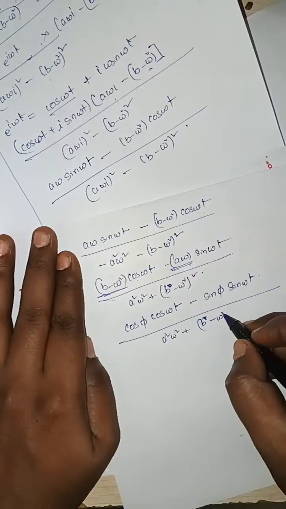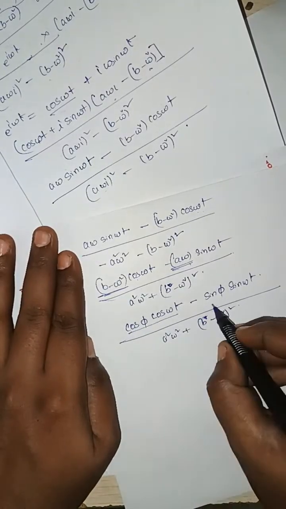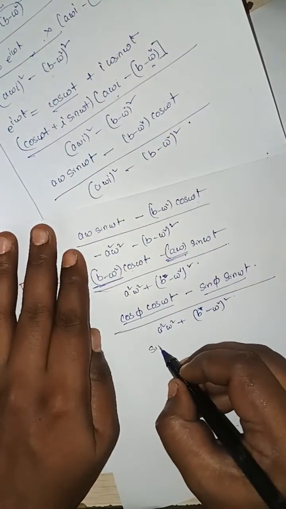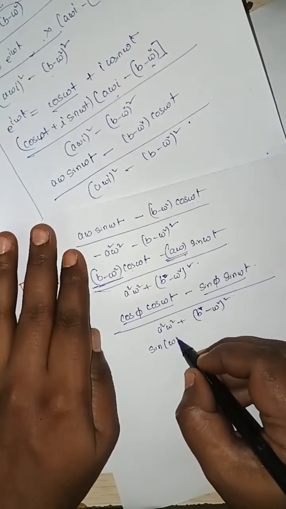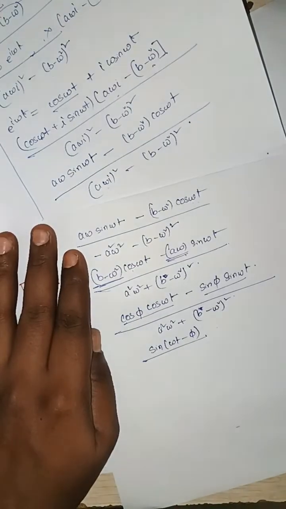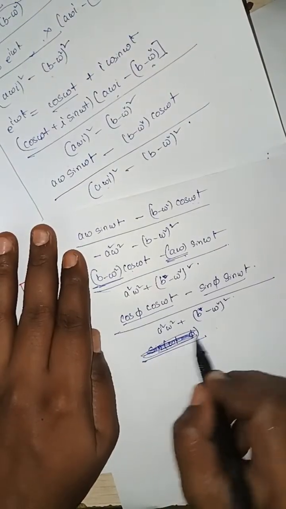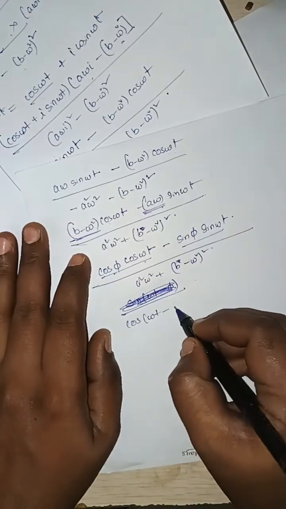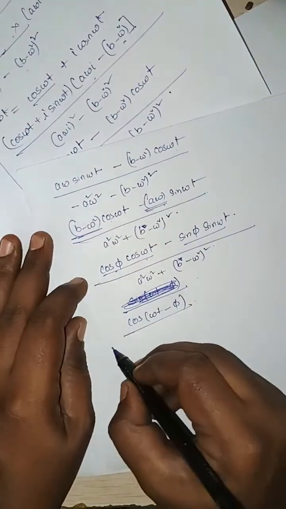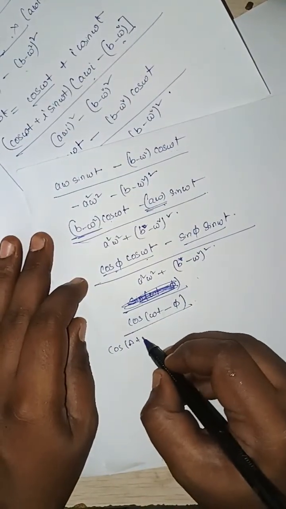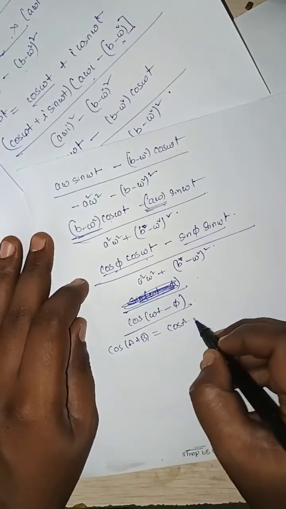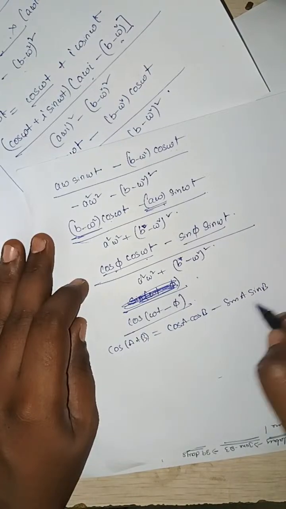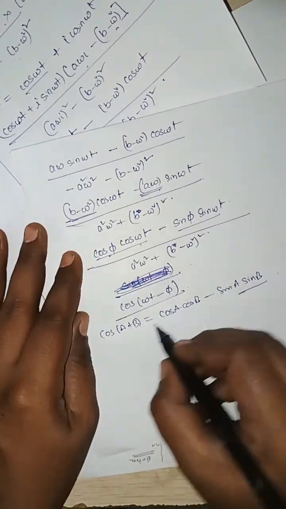This is simply trigonometry you might have learned in school. So this is sine of omega t minus phi. Sorry, this is cos, right? So this is cos of omega t minus phi, because cos(a plus b) is equal to cos a cos b minus sin a sin b. Okay, so yeah, this is it.